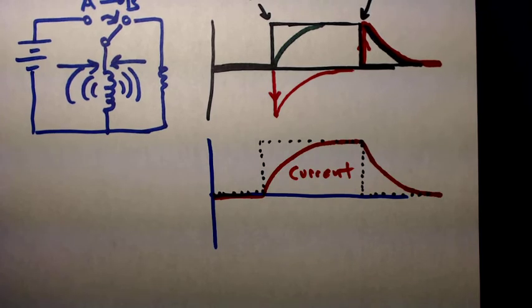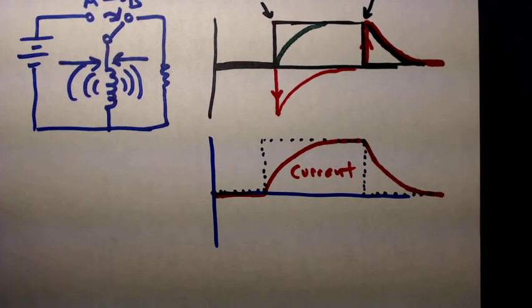Okay, so I'm going to keep this part of the lecture to theory. We will work and calculate with this next time, but there's a few other things that we should talk about in regards to inductors before we continue on.